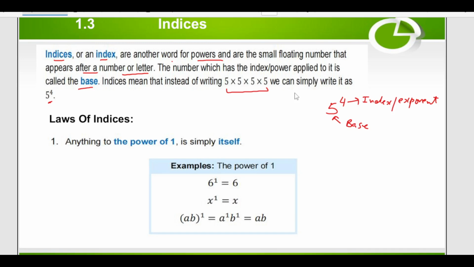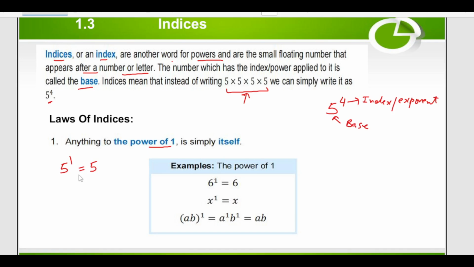I will start with the very basic things that you need to know. First of all, anything to the power 1 is simply itself. Here we did the example 5 power 4, which means 5 times 5 times 5 times 5. If I have 5 power 1, that means we are just writing 5 once only, okay.